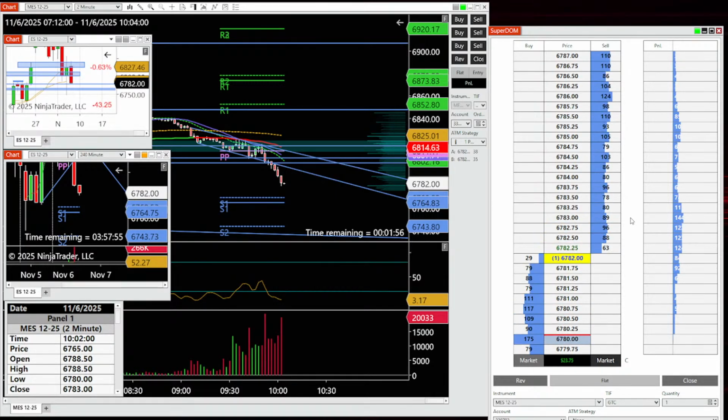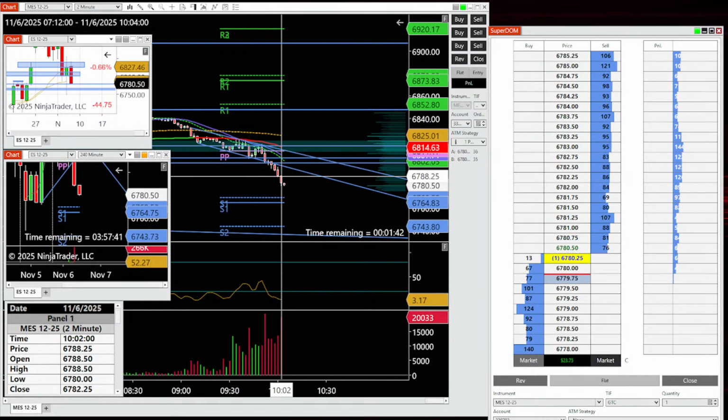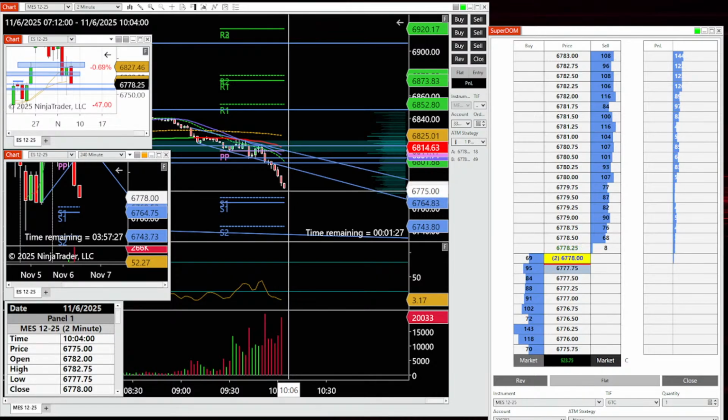Man, I would like to see a pullback. I would like to see a pullback somewhere, and not like a one bar shaking back and forth. Looks like I'm going to miss the whole move. No pullback.